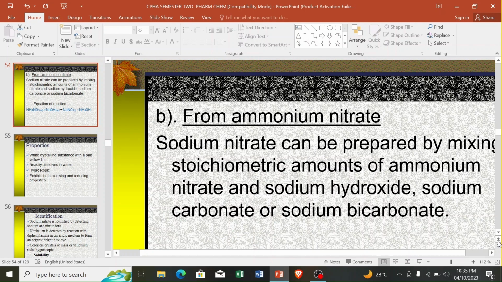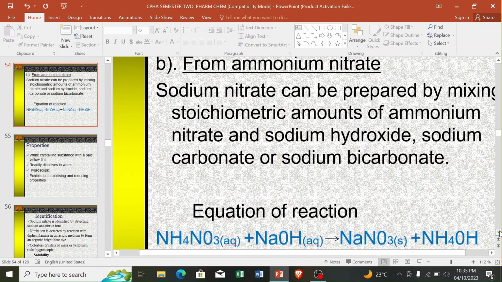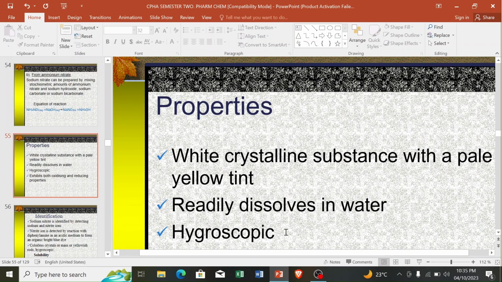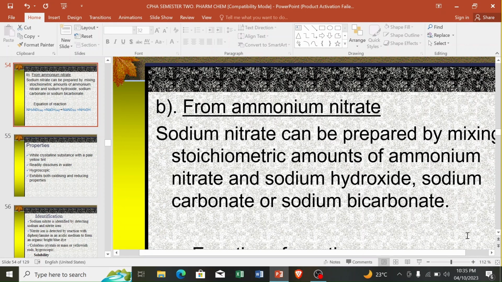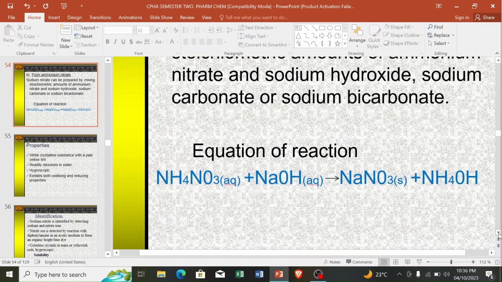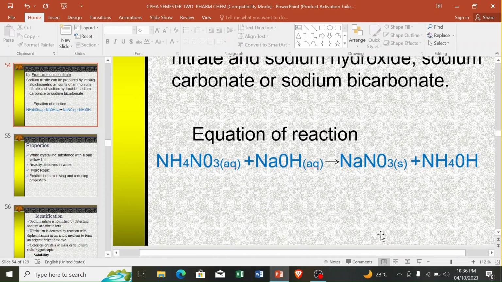I want to see the equation of reaction. This is very vital and necessary for us to see it well, because we shall be asked to write it, and you need to write a well-balanced equation of reaction.